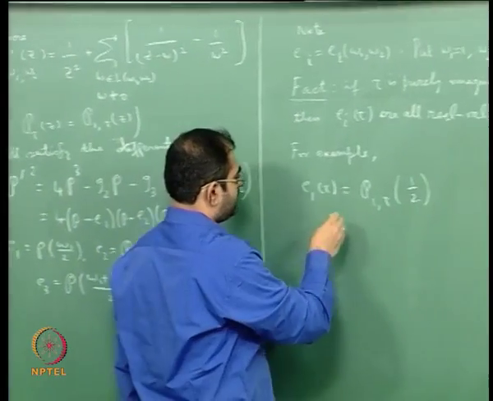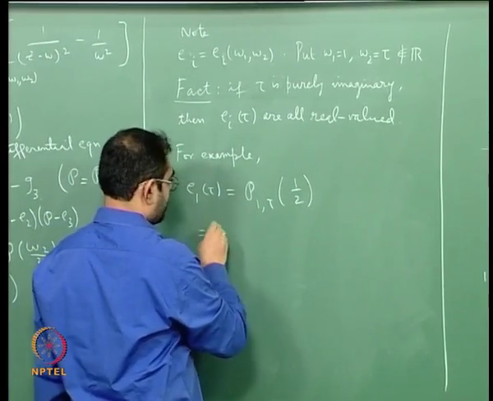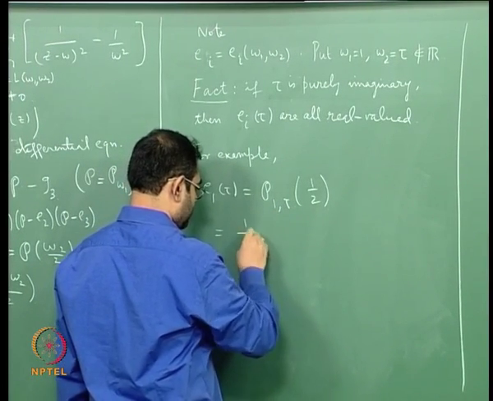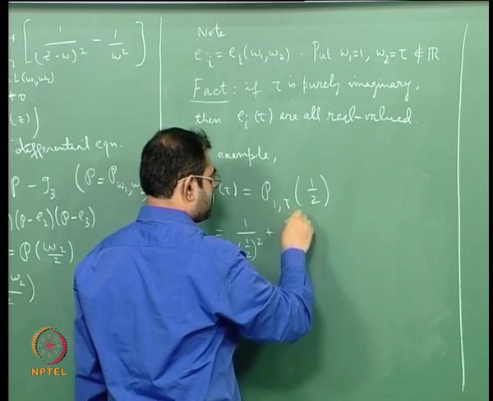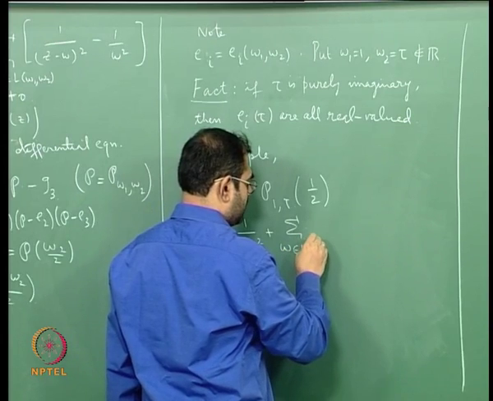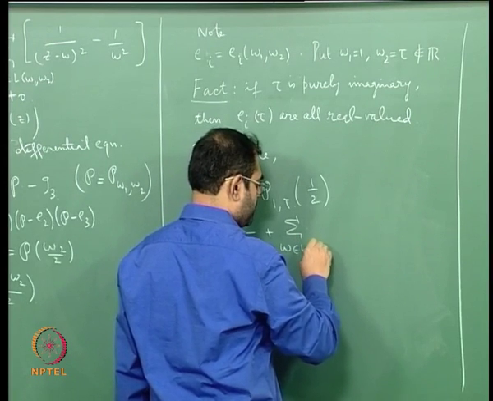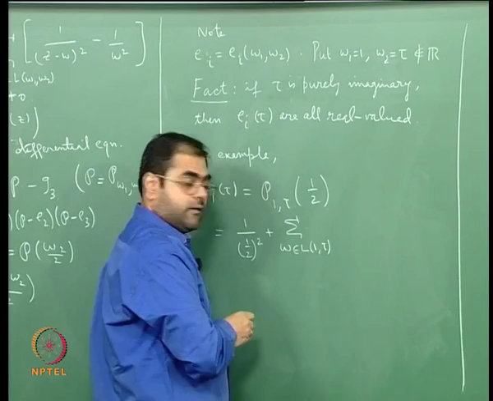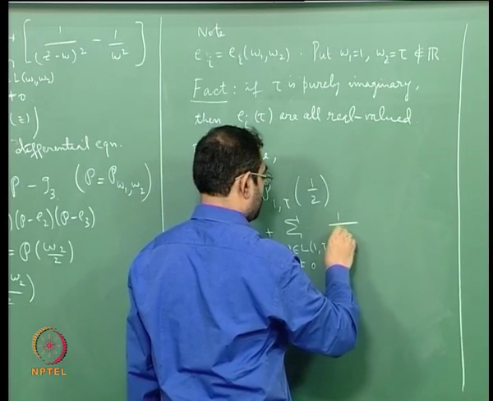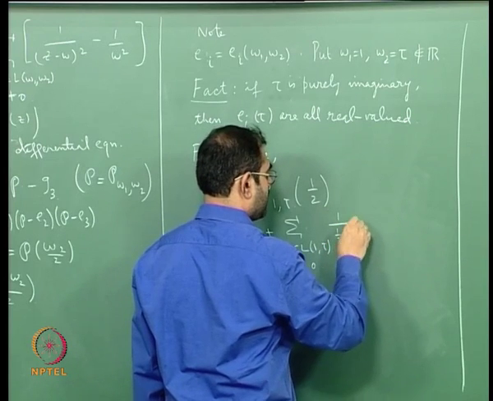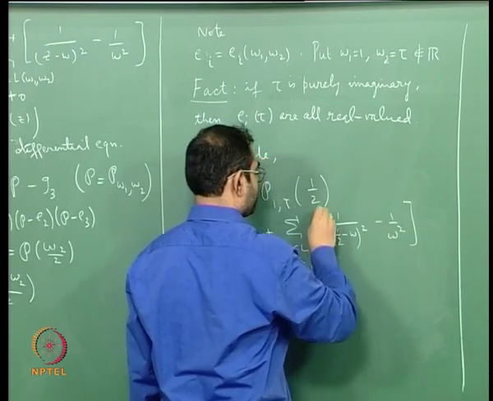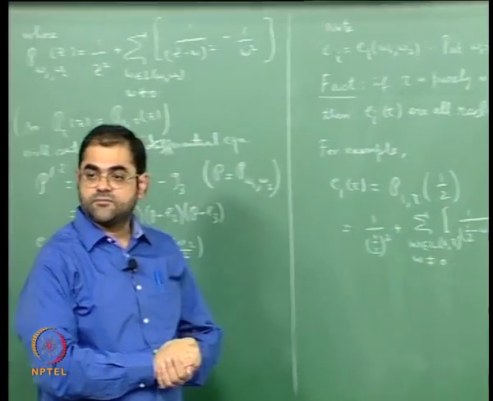And this is, by our definition, 1 by 2 the whole squared plus summation over omega in the lattice generated by 1 and tau, omega not equal to 0, 1 by 2 minus omega the whole squared minus 1 by omega squared. This is what E1 of tau is.